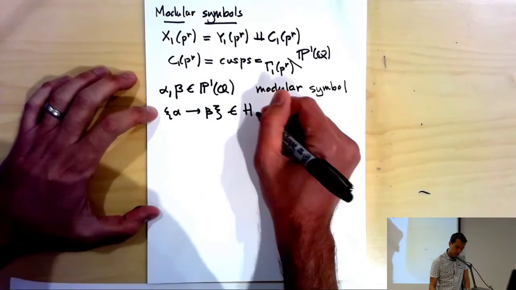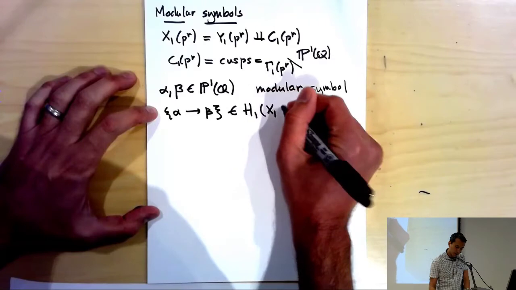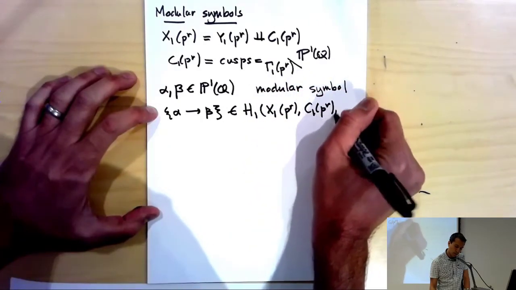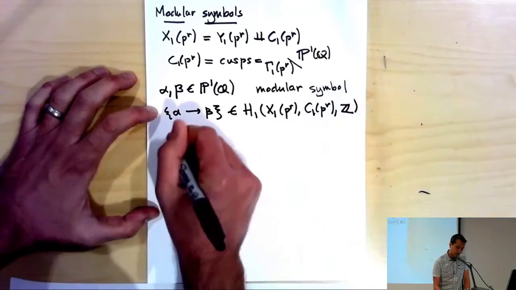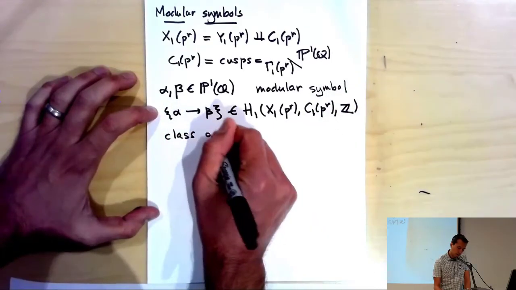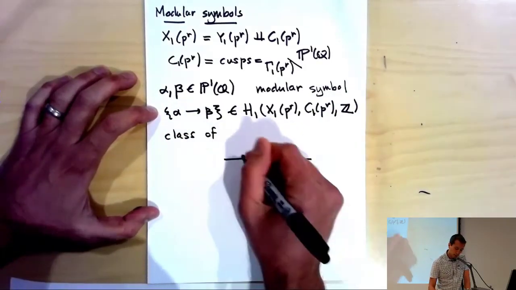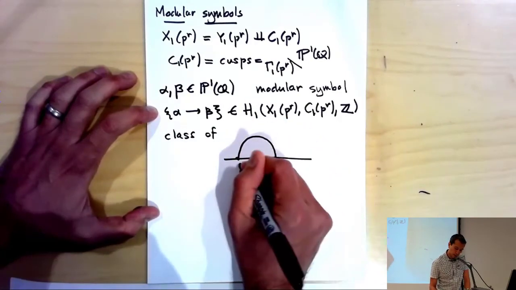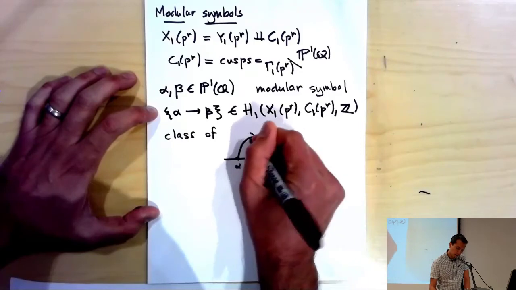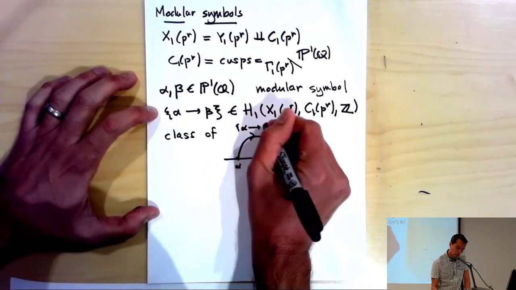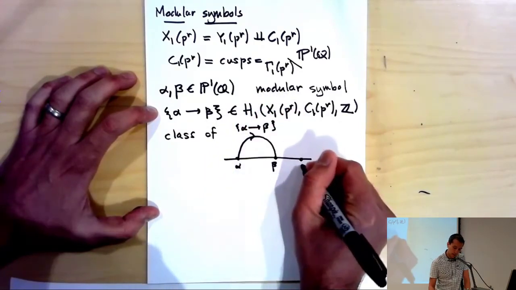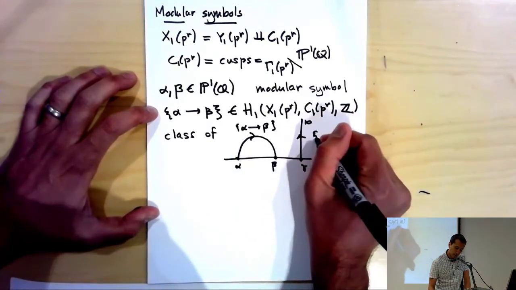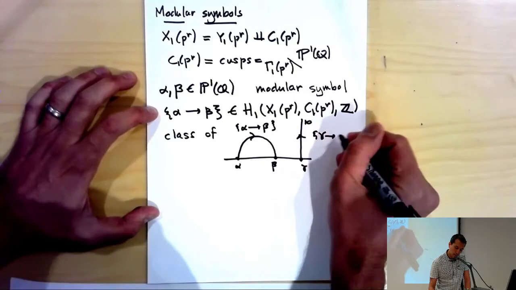First I'll write, it's in this group. And it's the class of the geodesic, so I mean really any path here, alpha, beta. So that would be {alpha, beta}, or if I had a gamma here and I could take the straight line to infinity, that would be {gamma, infinity}.